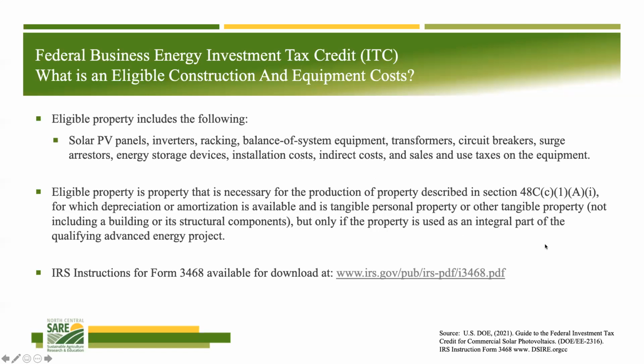So you have to ask yourself, if you're putting up a huge outbuilding to store tractors and combines, is that an integral part of the solar system? It's one of the things that you certainly need to work with your accountants on. If someone's suggesting you could take a tax credit on the entire building, I would really take a second look at this with your accountant before you jump into that.